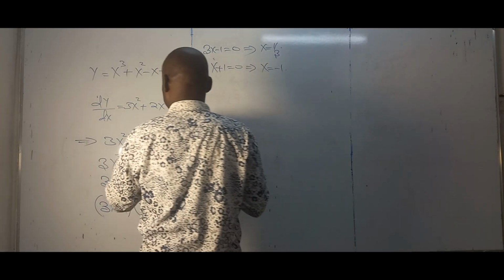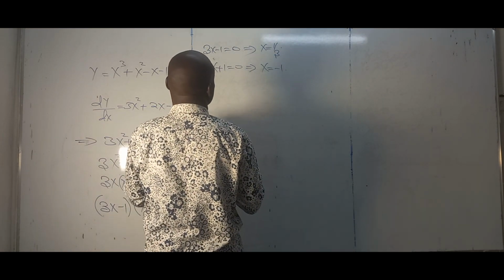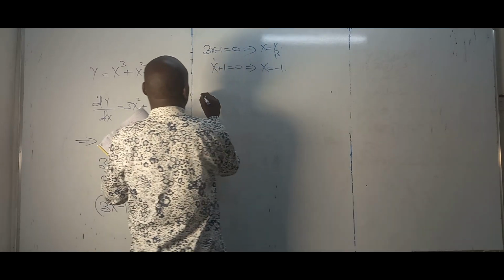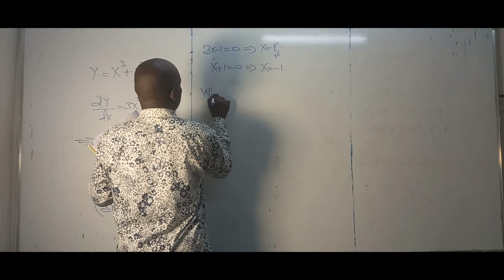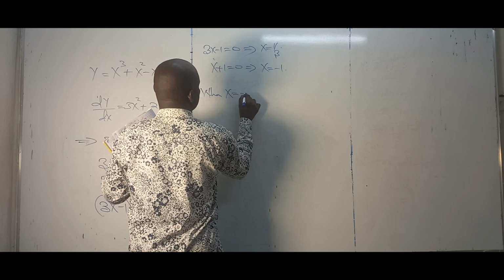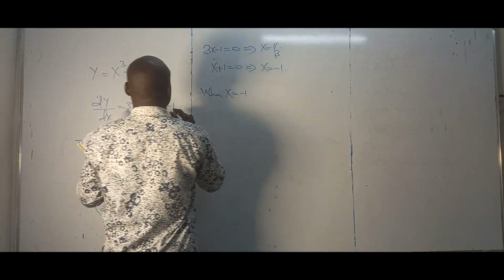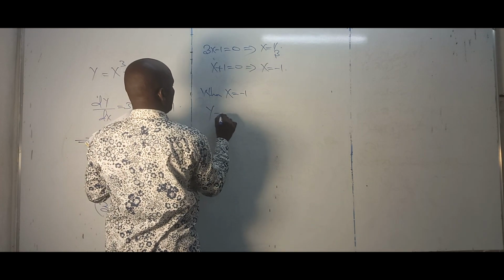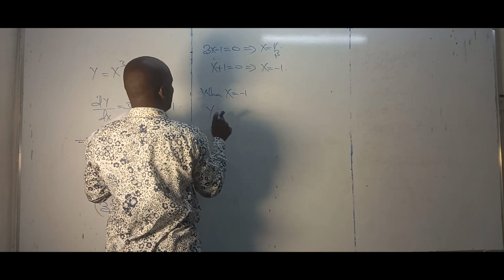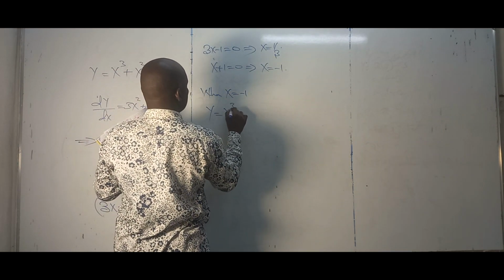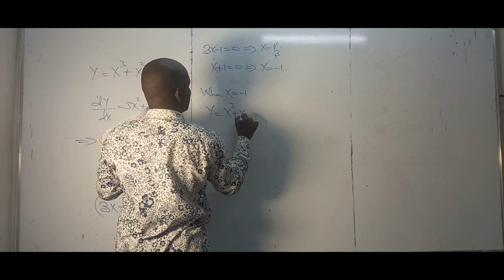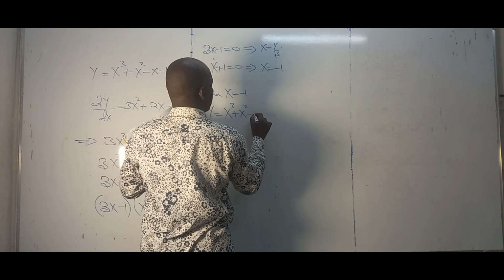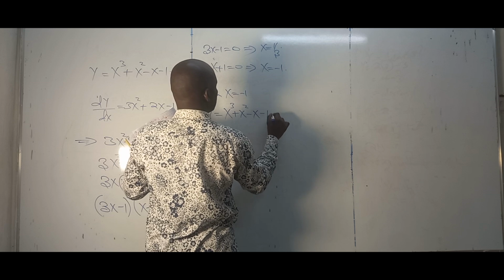So when x is negative 1, y is given as x cubed plus x squared minus x minus 1.